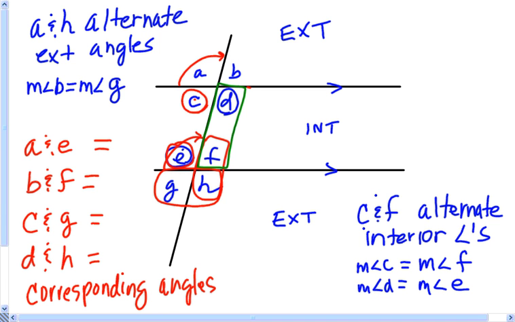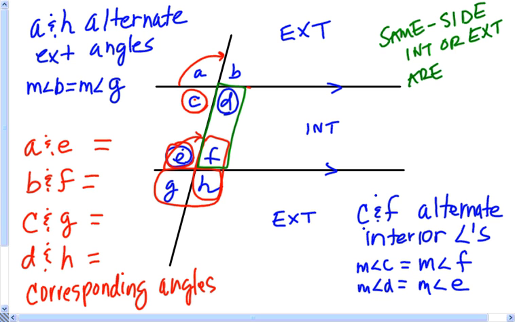So same side angles, whether interior or exterior, are supplementary, which means they add up to 180 degrees.